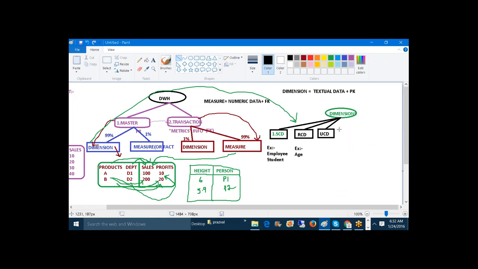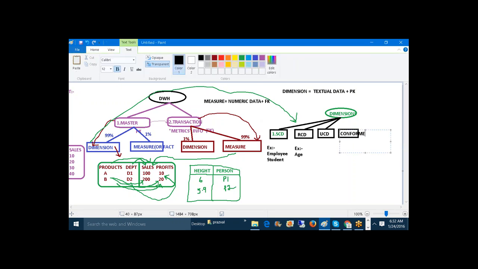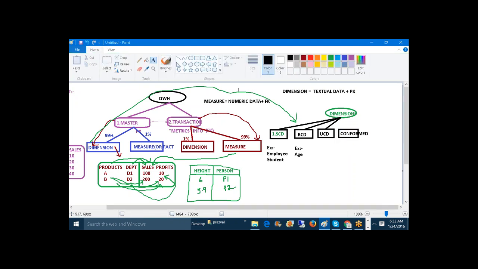Next, the fourth type of dimension is the most important dimension. The fourth type of dimension is conformed dimension.